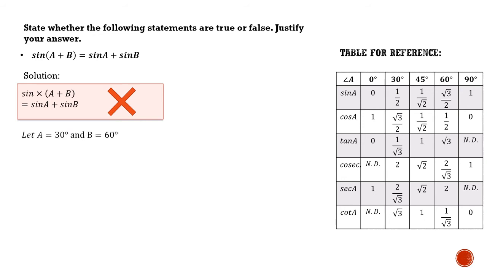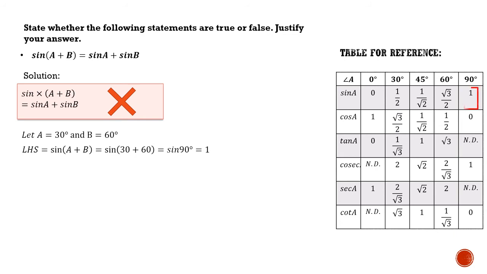To justify whether our statement is correct or incorrect, let us assume that angle A is equal to 30 and B is equal to 60. Let's first find the value of the LHS, sine of A plus B, which comes out equal to 1.